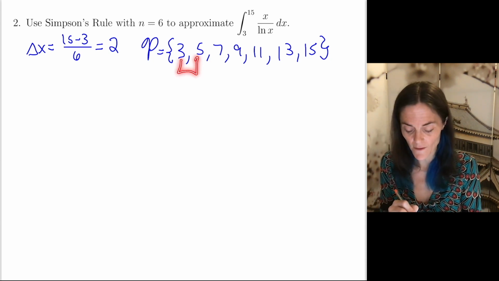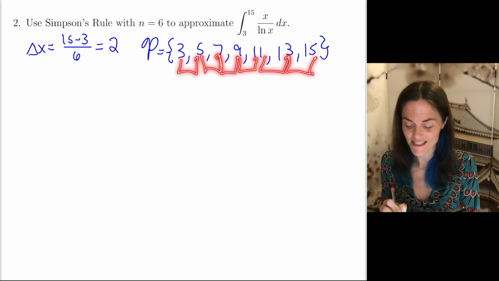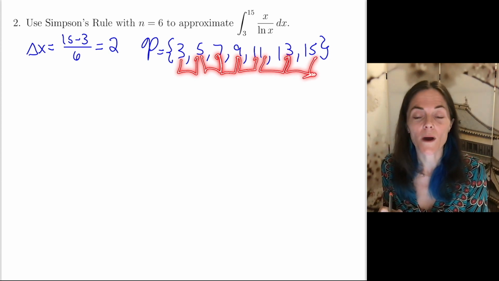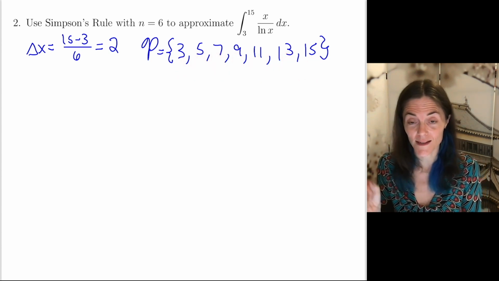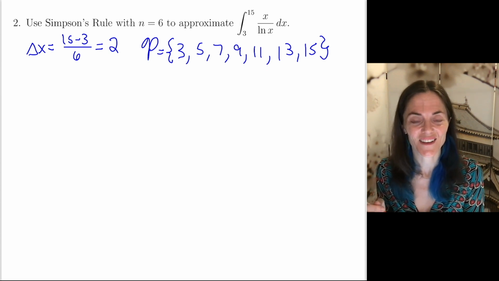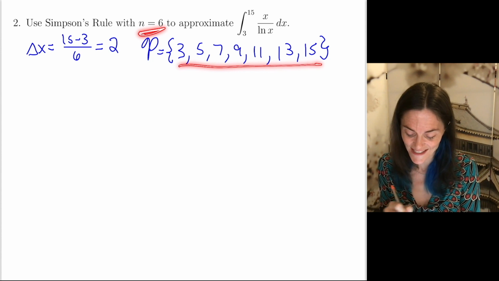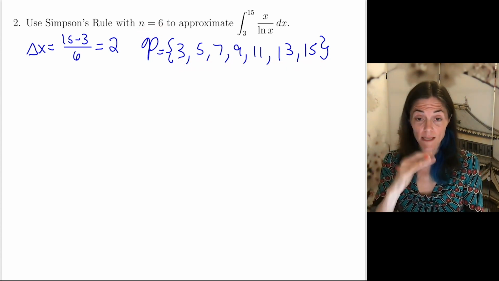We can check: 1, 2, 3, 4, 5, and 6. We will always have one more element in the partition than we have subintervals because the indices went from 0 to n. So there's n plus 1 elements in the partition using the given n. Here we have 6 and 7. Very nice. Okay, that was step 1 and 2.